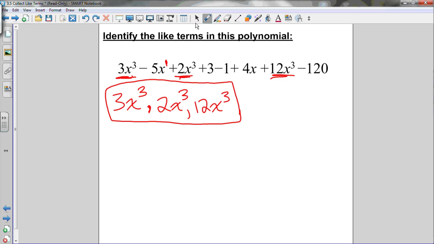So let's start a new group. Let's look at that negative 5x. Are there any other terms in this polynomial that have the same variable x with the same exponent, 1? Are there any other terms that have an x to the 1? Well, there's a 4x right here. And that's it. So there's a group.